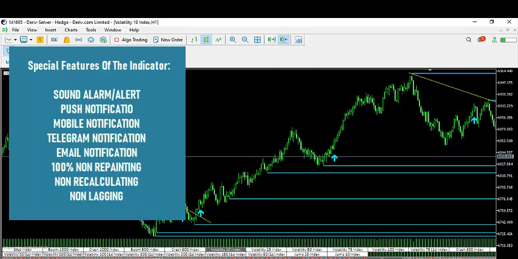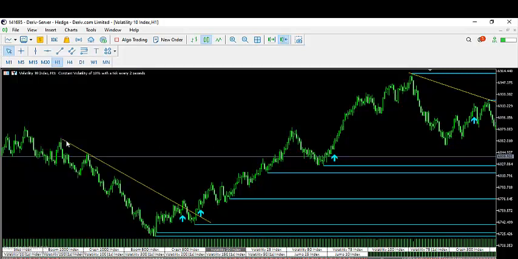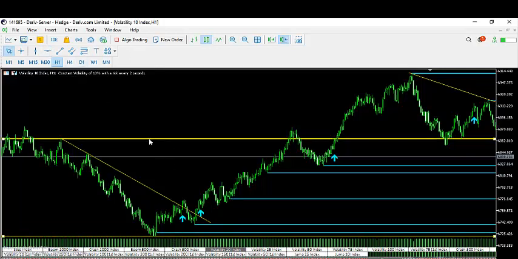Okay, now you can see this signal here that we have a trend line breakout, and of course we are going to take this signal over here and we put our stop loss right below the last swing low of the market. So we put our stop loss there, and of course we are going to target where liquidity is resting on the trend line, which is this place, just like the case of V75.